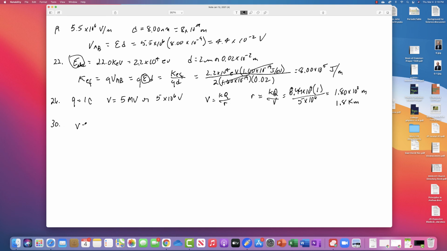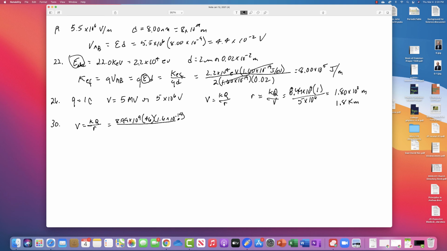V is equal to KQ over R. And so this is going to equal 8.99 times 10 to the 9th times Q. There are 46 protons, and each proton has a charge of 1.6 times 10 to the minus 19.